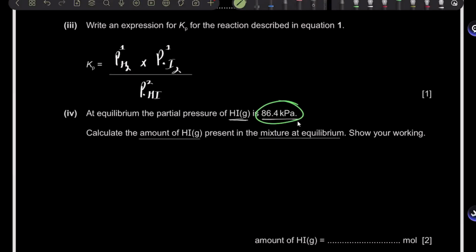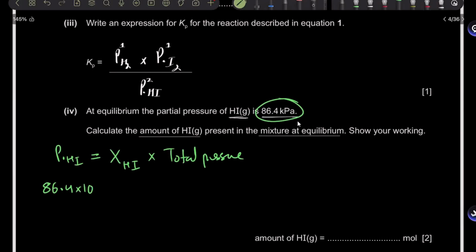Yep. So the final formula over here, right? Partial pressure of HI would be equal to the mole fraction of HI times the total pressure. I know the value of partial pressure, that is 86.4 kilopascals. That means 86.4 times 10 raised to the power 3 pascals. I need to find the mole fraction.